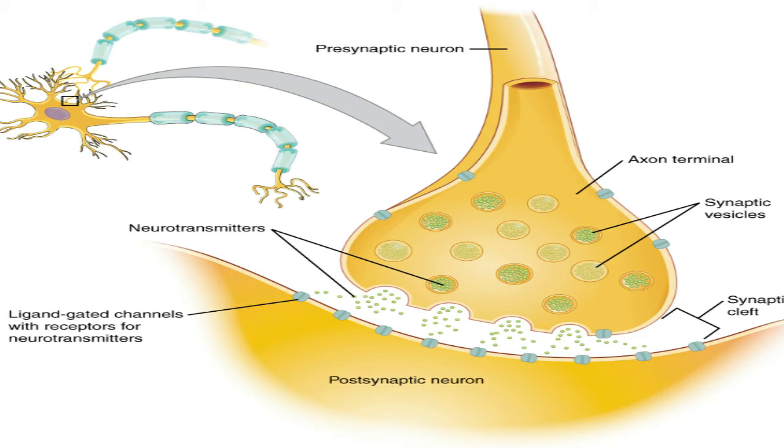And in this gap, the neurotransmitters are represented as green, the dust particles. So what happens? A signal. For example, if we are eating something and a signal is generated at the tip of the tongue, the signal goes from the tip of the tongue to the neuron, and from the neuron it goes to the next neuron.